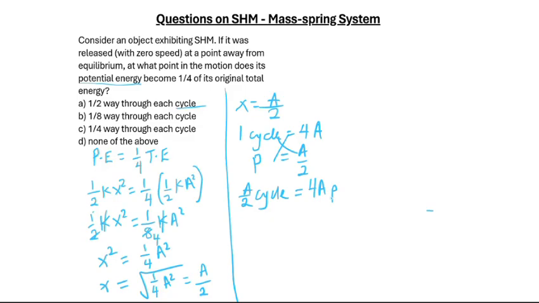Remember, it is p we are looking for. I will just divide both sides by 4a. 4a over 4a, 4a cancels 4a, we have p. This a we cancel a, and 4 we multiply 2. So we have 1 over 8 cycle. And the answer is option B. And we can see it is different from the option A that we chose before. And that's the answer for that.